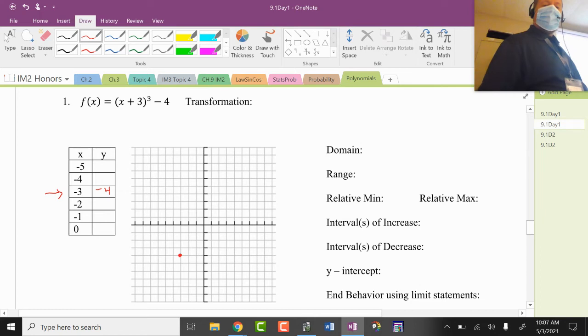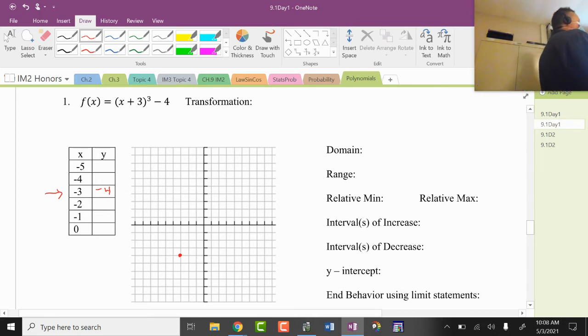I think we don't really have to change the scale on y. I think all these points come close to making it. But that's where we're going to get this flattening out of this graph, and that's why that's important. If you had to create your own chart of values, you would put negative 3 right in the middle of your chart and then do 2 above and 2 below at least. And that's the truth.